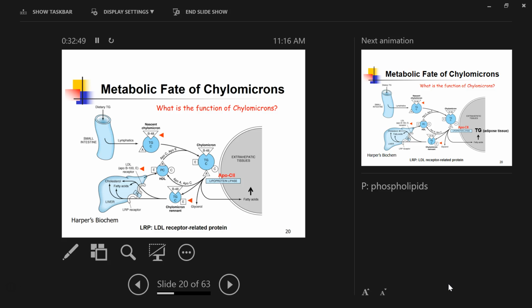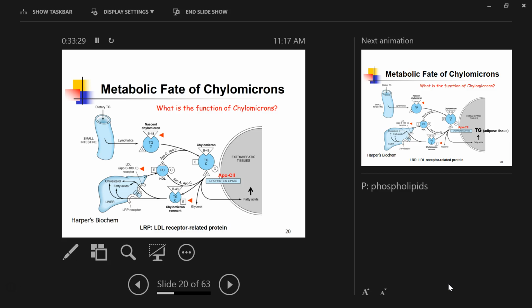Lipoprotein lipase is synthesized and released from adipose cells. And this LPL activity requires ApoC2. ApoC2 is already on the surface of the mature chylomicron, so it can help LPL to function and hydrolyze triglyceride in the chylomicron and release fatty acids.